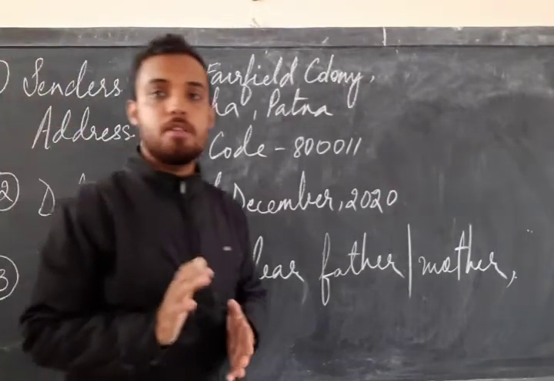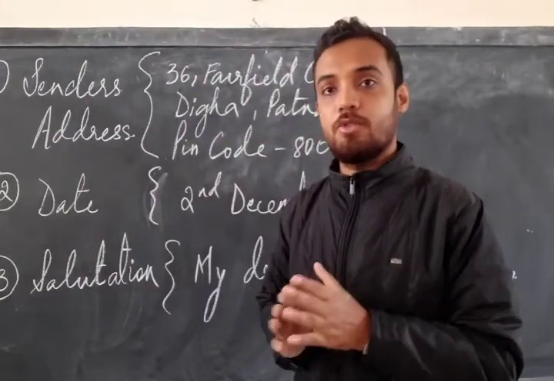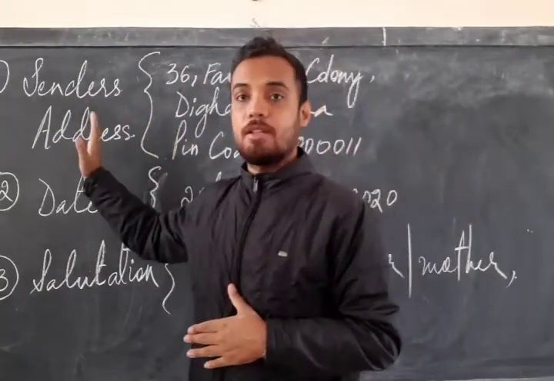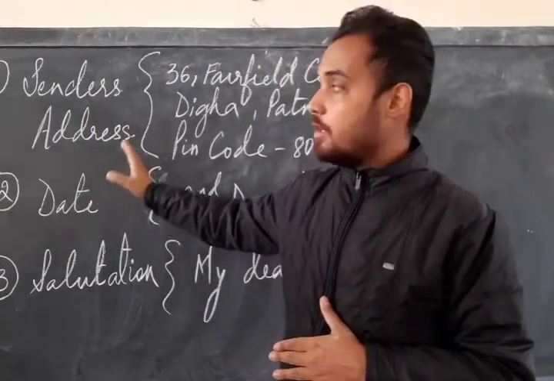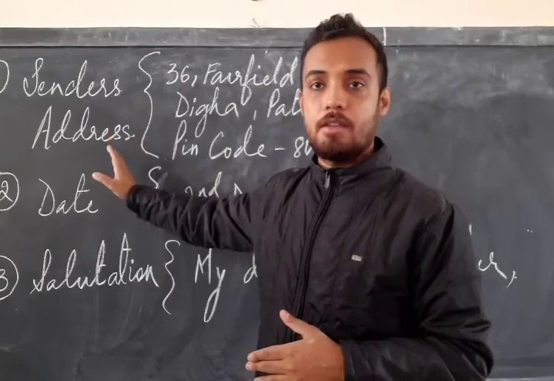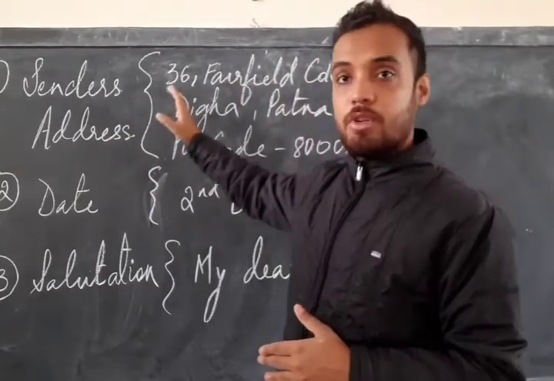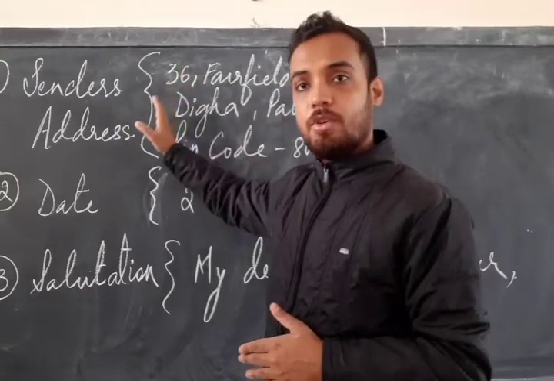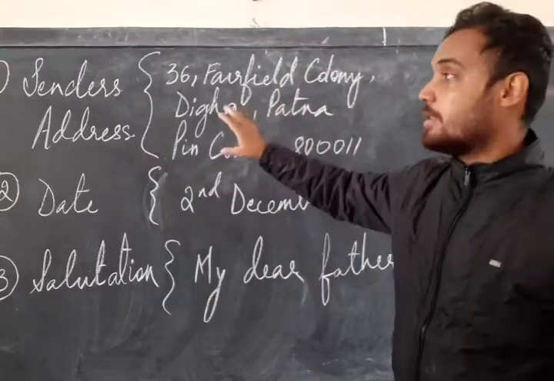Whenever you are writing any type of letter, always remember that you have to start from one side. If you are writing from the left side, whatever structure you are writing should be written on the left-hand side. Not in the middle, not on the right. Whatever you write, you should stick to that particular margin. So the first thing is the sender's address.